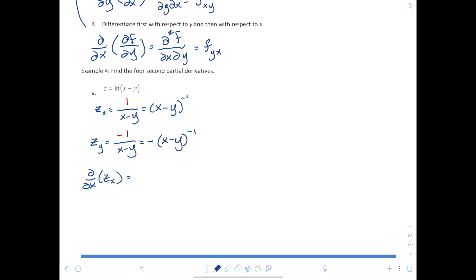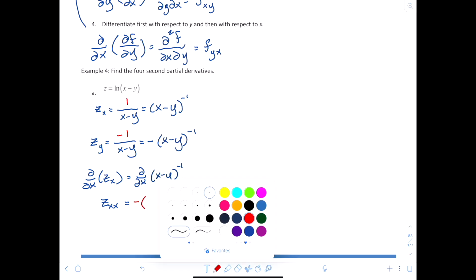So I would have d/dx of x minus y to the negative 1. That's going to give me z_xx, right? That's what I want for that one. So then I would get negative something to the negative 2 times the first partial derivative of that something with respect to x.